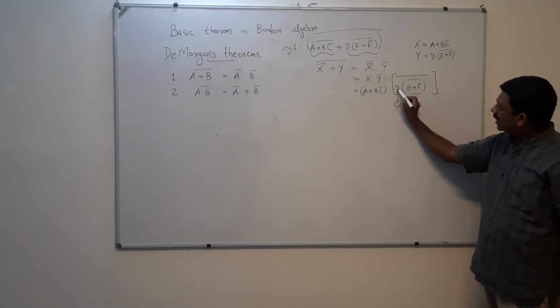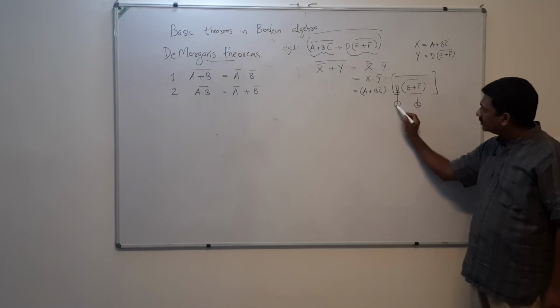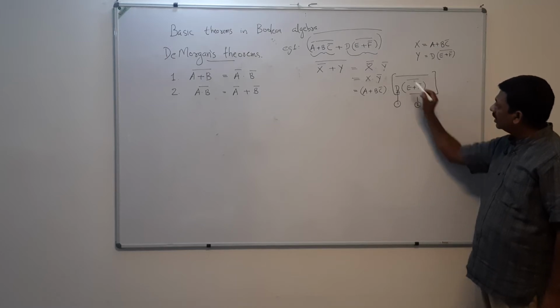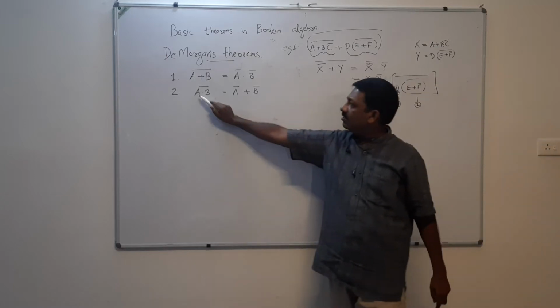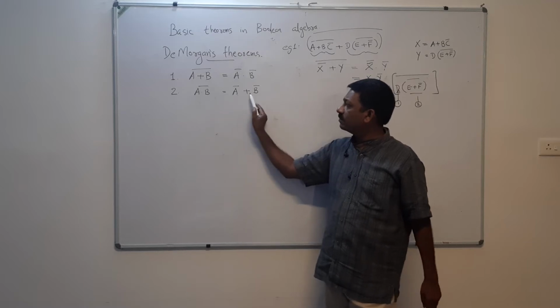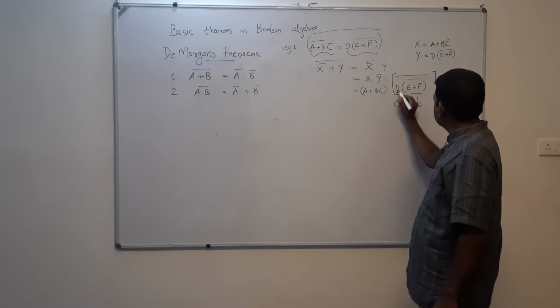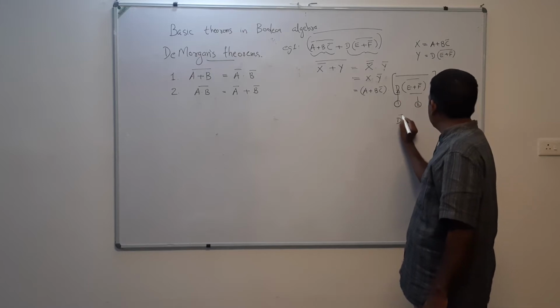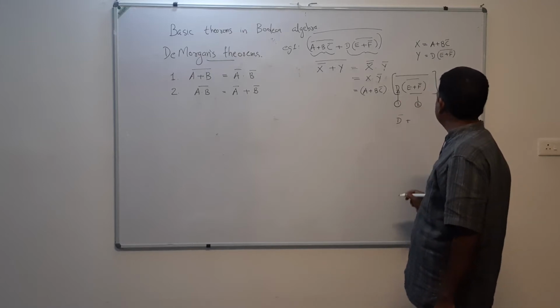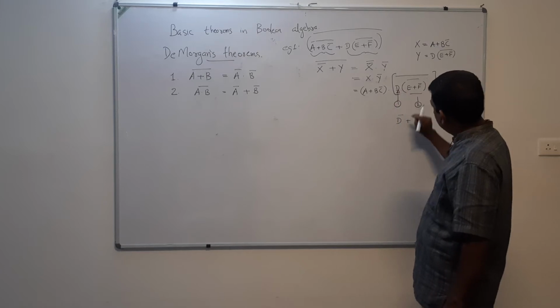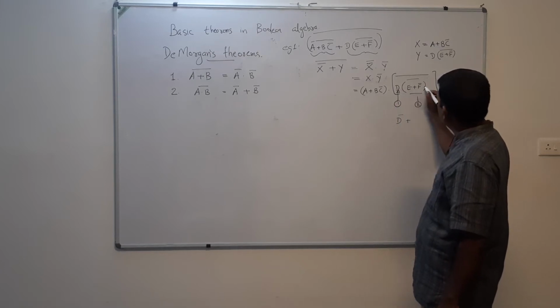Now A dot B, first literal dot second literal the whole bar, is equal to A bar plus B bar. When you are replacing this, D bar plus the first one plus this one the whole bar.